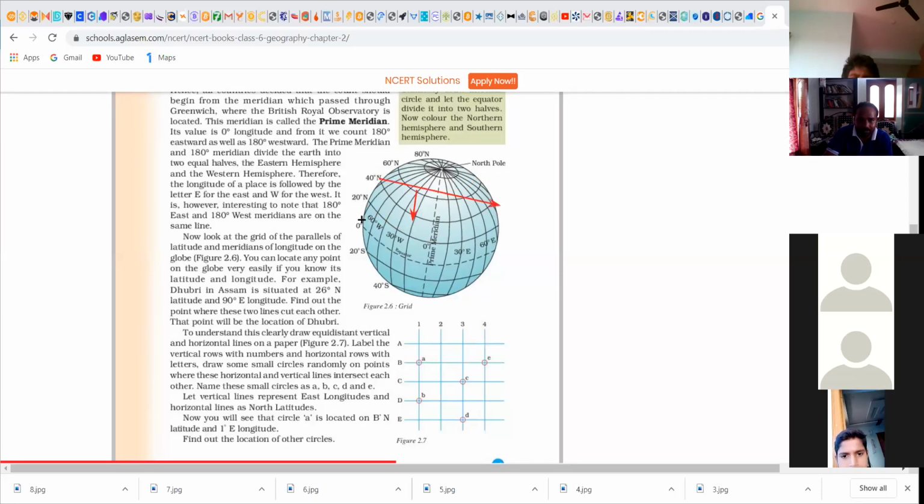From here to here also the distance is very high, and here the distance is very low. So the latitudes have varying distances: the highest latitude is the equator, and the lowest is also there.